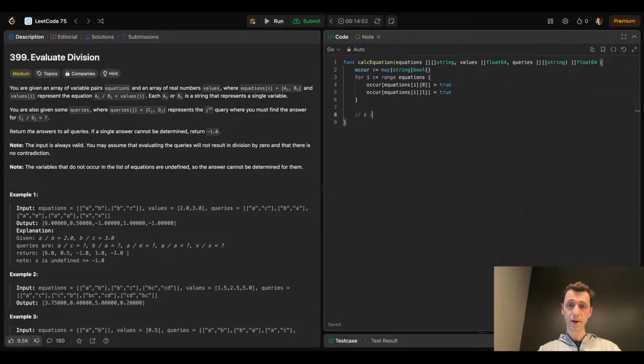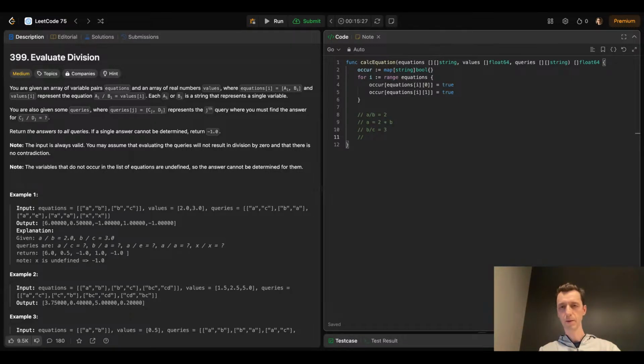So if A divided by B is 2, that means that A is 2B. Then also we have that B divided by C is 3.